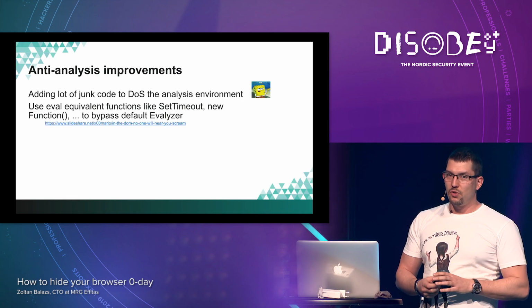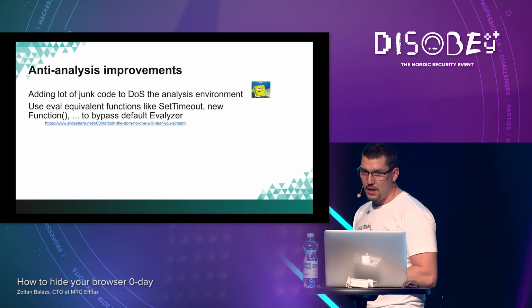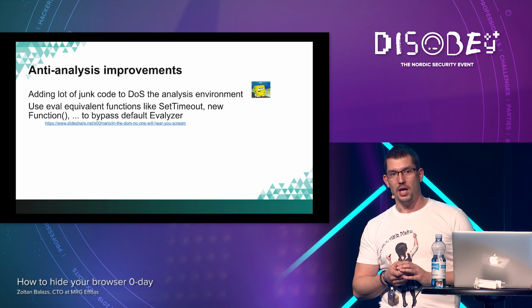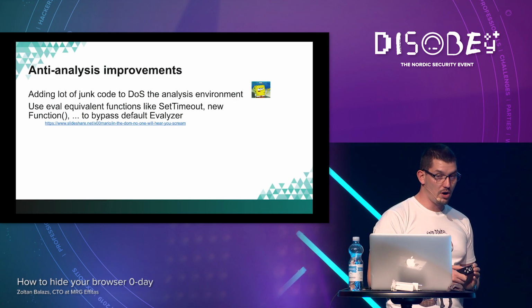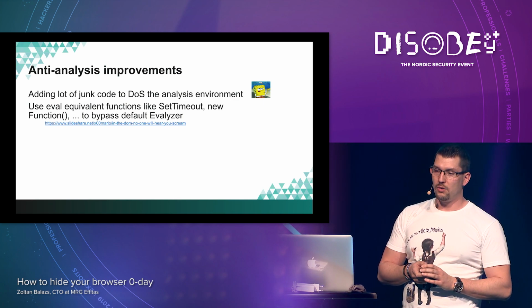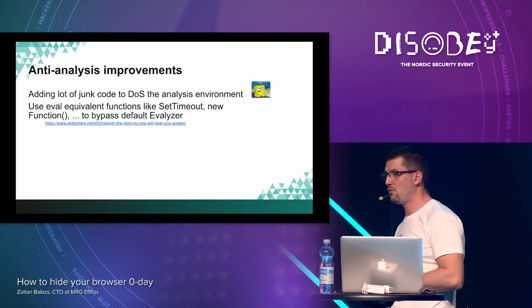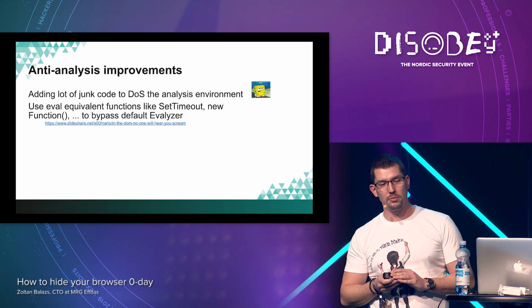What's really fun in JavaScript is there are many, many ways how you can execute code which is similar to eval or document.write. On this slide, you can see, I don't know, like 40 different ways how you can run code in JavaScript.